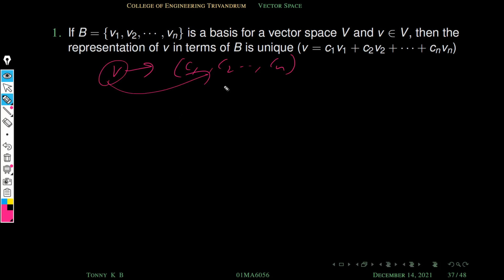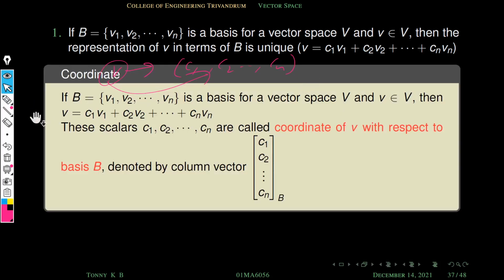That is the main advantage. Okay, so that set of numbers is called the coordinate of this vector. So corresponding to every vector, there exists a unique set of numbers with respect to a basis, and that set of numbers is called the coordinate of the vector, and this is the formal definition of the coordinate.